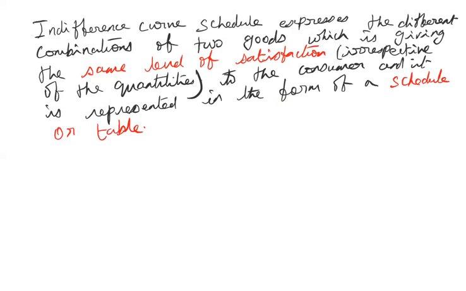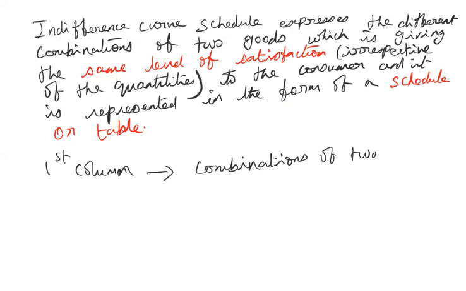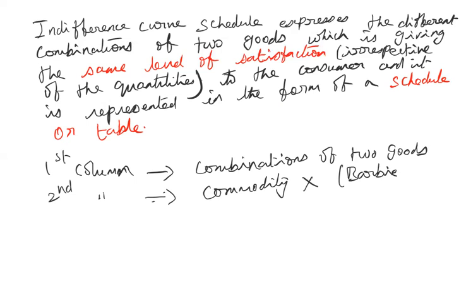Okay. Now, explaining the table. First column, I have represented the combinations of 2 goods, isn't it? Second column, commodity X. So if you want, you can mention whatever example we have taken.